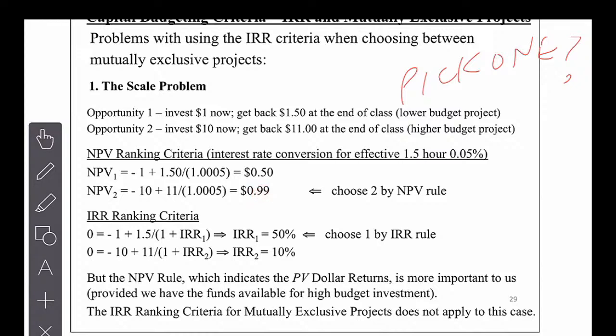But if you use the internal rate of return rule, there's a bit of a dilemma, because the IRR rule would say that the first project gives you a 50% return and the second opportunity only gives you 10% return. So by using the IRR and the idea of mutually exclusive projects, you should pick the first one. So how do you reconcile these two?